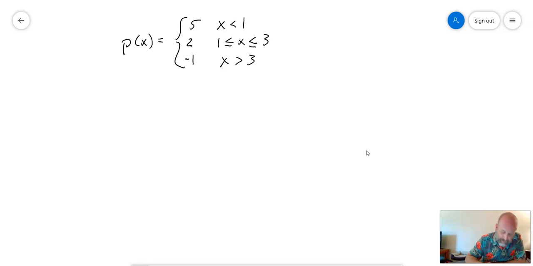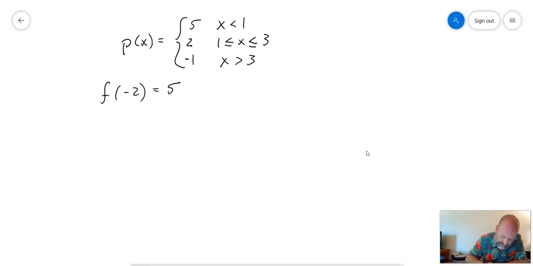Now, you could plug in a few values. Let's say I wanted f of -2. I have to look down my rules, and I see that it falls under the category of the first rule. -2 is less than 1, and so the function value is 5. Anything that has an x value less than 1 has a function value of 5, period.